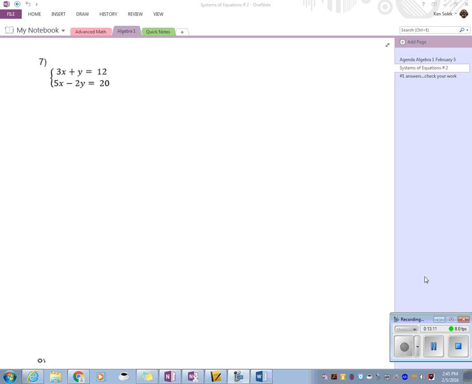So continuing with our substitution, I'm going to pick the first one to solve for y. The reason I'm going to pick the first one to solve for y is because it has 1 as a coefficient. So y equals negative 3x plus 12. Now I can substitute in place of this y, this value.